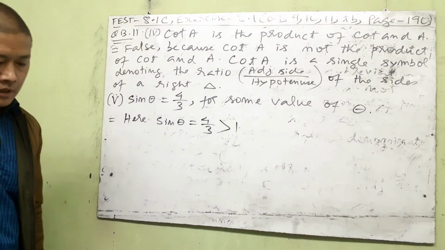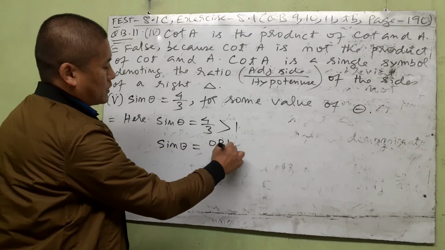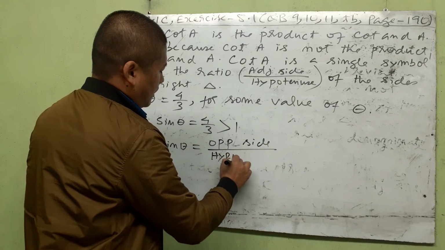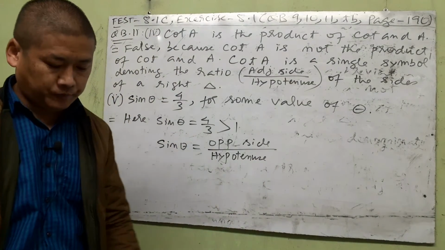We know that. Okay, and also we know sine theta is nothing but opposite side by hypotenuse in a right triangle. We know this very clearly.